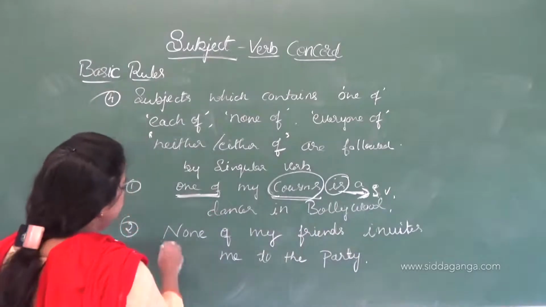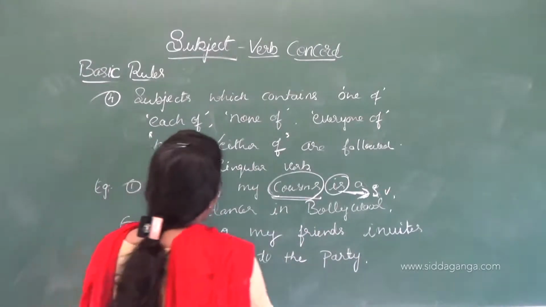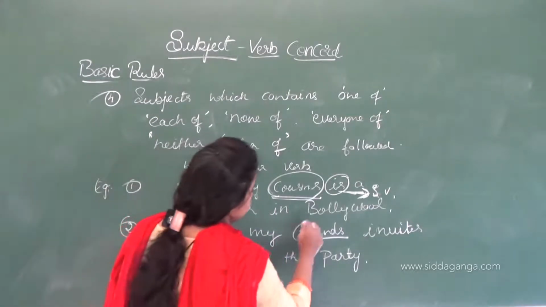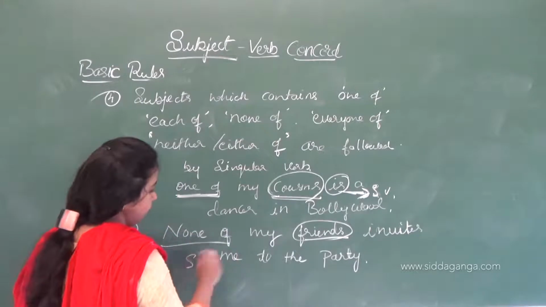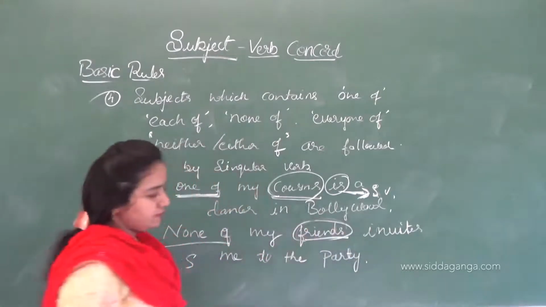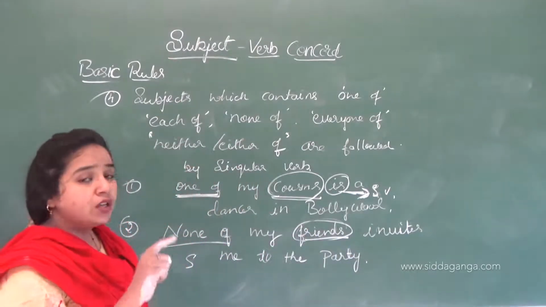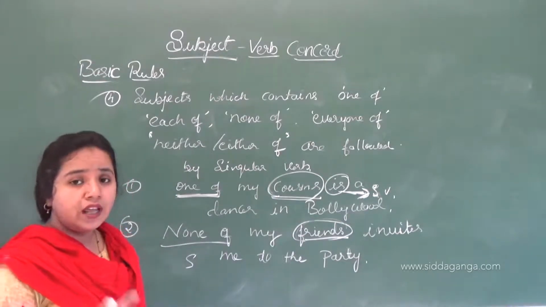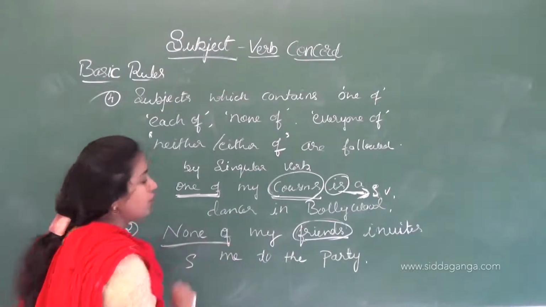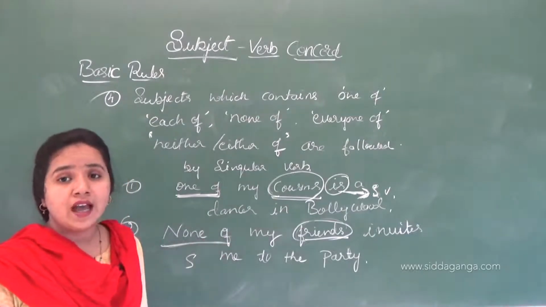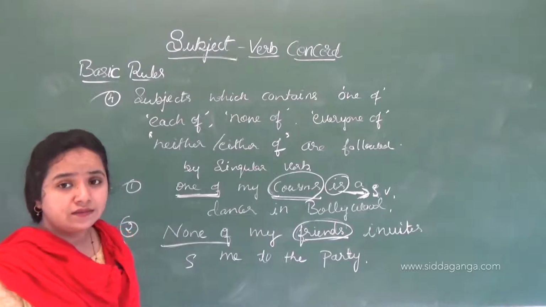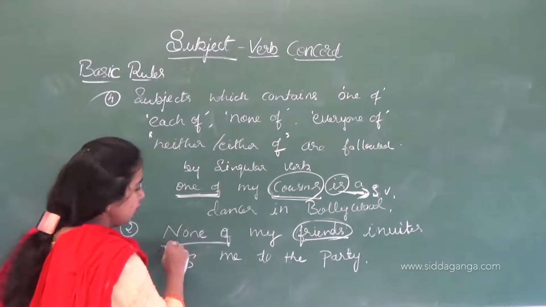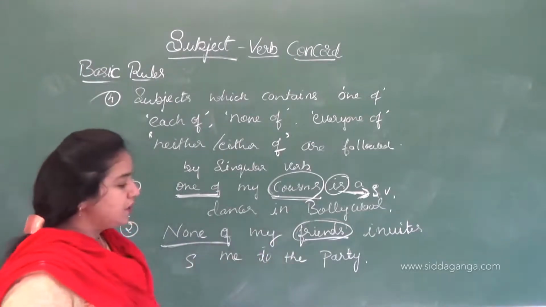Here none of is a singular subject, here is the plural noun, singular and plural. Among these friends, no one has invited me to the party. When we use none of, it says that nobody has invited me to that party. So the proper sentence is: none of my friends invites me to the party.